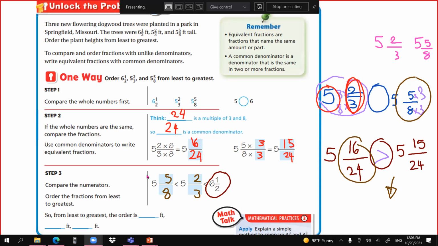Now, here you have to write the original one. Okay, I understand what you said. Now here, if you have 5/7 and 3/2, and you want now to compare between them.